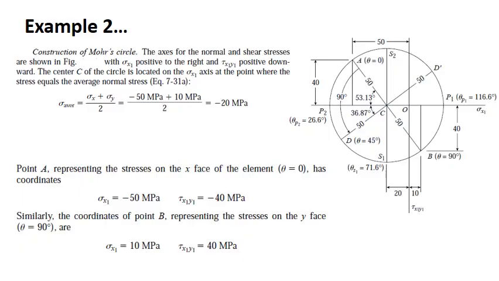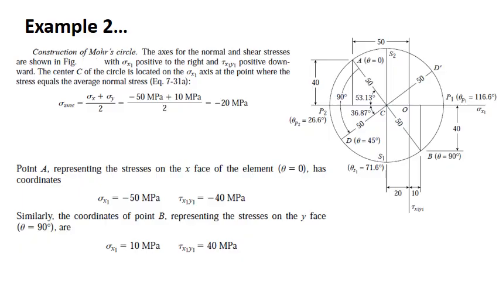So graphically, what you can do is draw the 40 MPa on the negative y, that is the tau direction, and connect point A and point B passing through C. So the radius of the circle is CA or CB. With C as center, you can draw the circle, right?